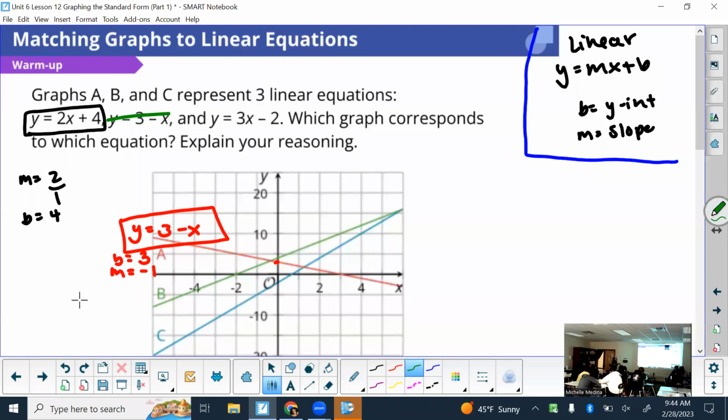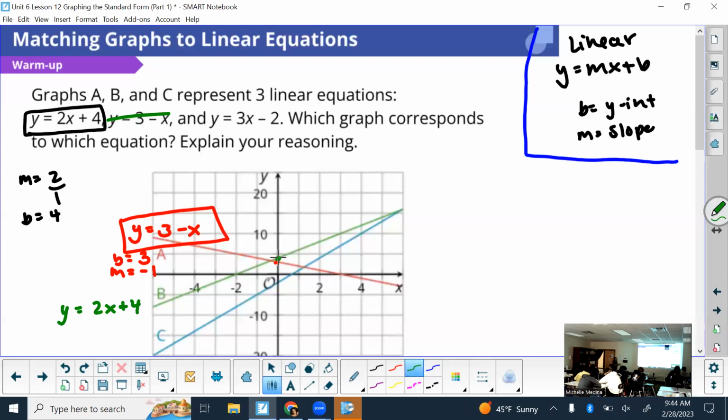That is incorrect. So by process of elimination, it must be that one. I know it's not this one because the slopes are pretty similar, so I'll give you that. But what's this one's y-intercept? -2. Is this in the negative? No. So I know it's not the other one, so by process of elimination, it must be this one.